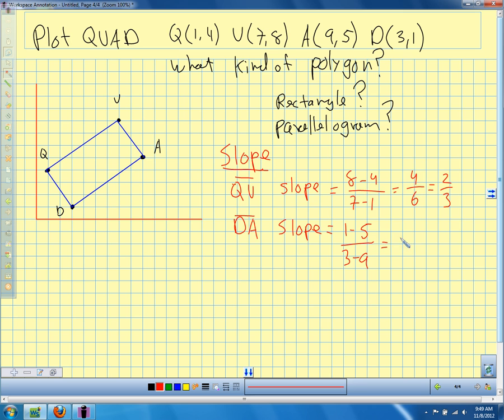So 1 minus 5 is negative 4, and 3 minus 9 is negative 6, and I reduce that, and I get 2/3. Those two slopes are the same. That tells me that these two sides are parallel. Let's look at the slope of QD.